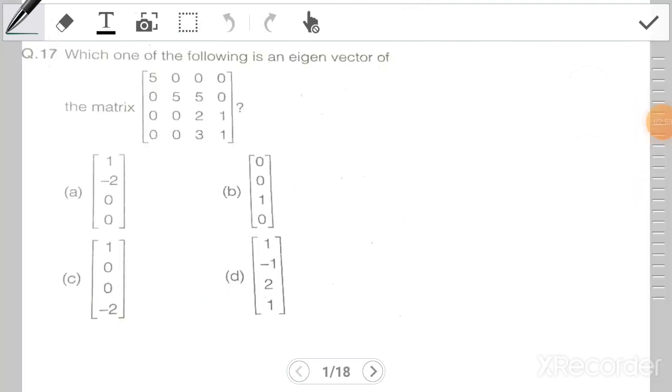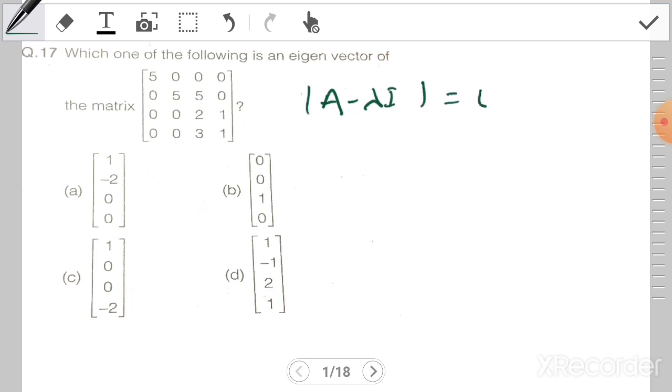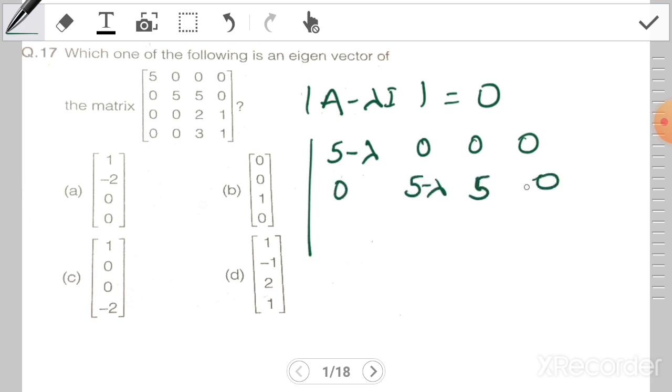Let us see this question. Which of the following is an eigenvector of the matrix? So first solve for eigenvalues by solving the characteristic equation A minus lambda I equal to 0. So we'll have 5 minus lambda, 0, 0, 0, 0, 5 minus lambda, 5, 0, 0, 0, 2 minus lambda, 1, 0, 0, 3 and 1 minus lambda.